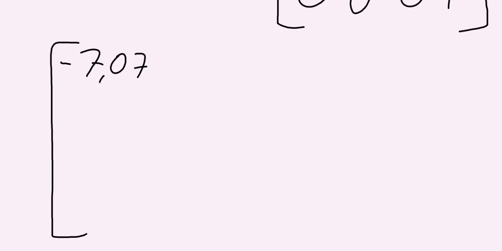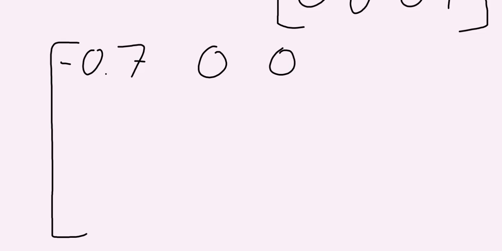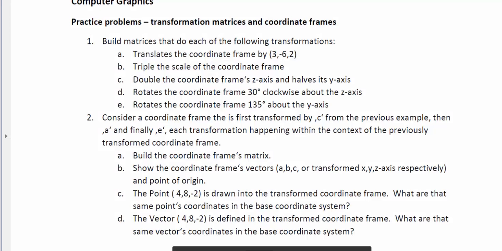So this matrix looks like this: minus 0.7, 0 here, and we had 0.7 here as well.